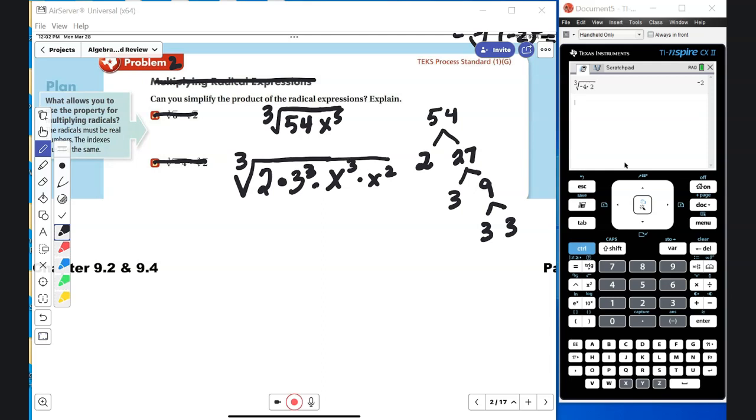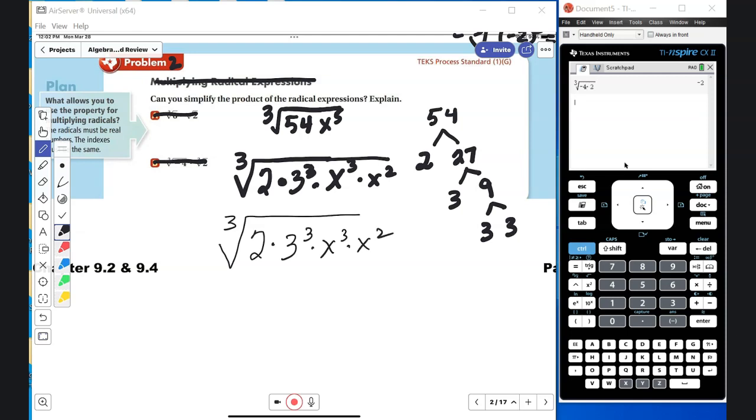So I'm going to rewrite it. So we have the third root of 2 times 3 to the 3rd times x to the 3rd times x to the 2nd.